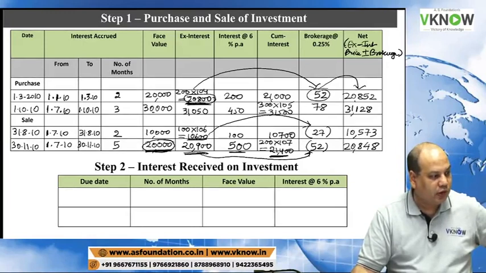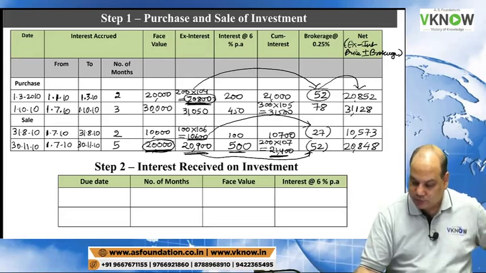Just check this last calculation. 20,848 is right. When you sell, brokerage is deducted.